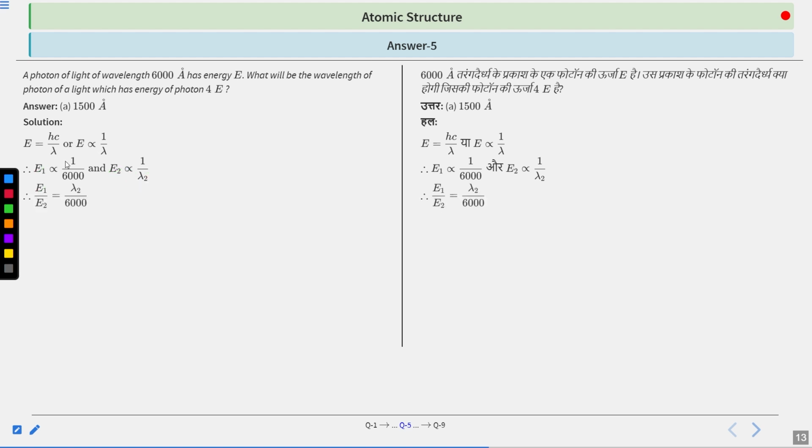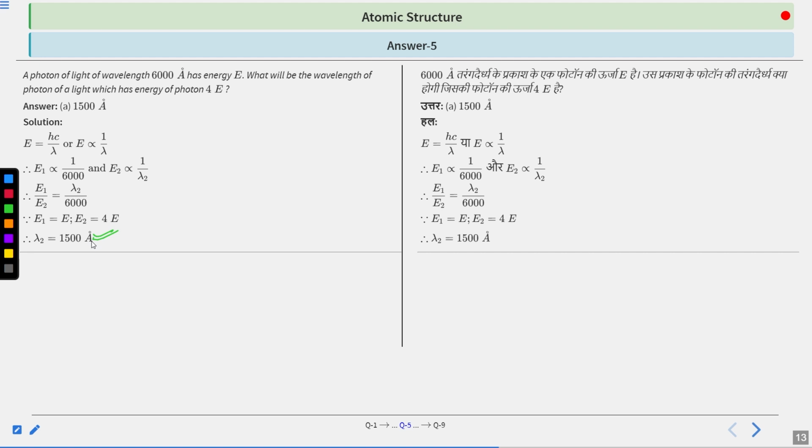If you divide both, h and c are constant and get cancelled out. Therefore, E1 by E2 is equal to lambda 2 by 6000. The values of E1 and E2 are given: E for E1 and 4E for E2. Hence, on putting these values, we get the lambda 2 value as 1500 angstrom. So this is your final answer.